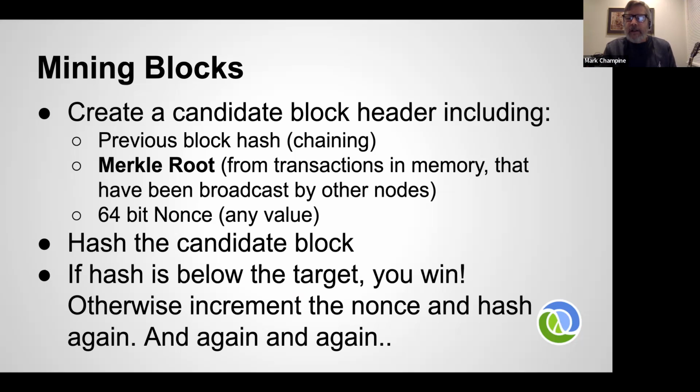And when a transaction occurs, it's broadcast to the full network. And anybody who's doing mining wants to incorporate transactions into the next block that they're going to mine, because essentially you get paid for incorporating those transactions.